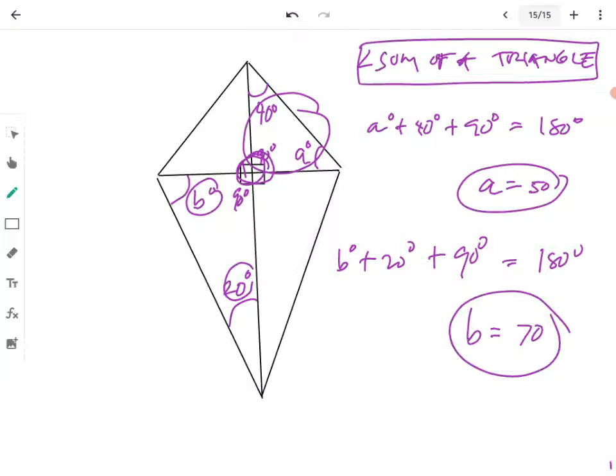Okay, that's all for this video. To recap, when there is a problem with a shape, look at the figure first. Is it a square? A rectangle? A parallelogram? A rhombus? A trapezoid? Go back to the properties of that shape or figure.